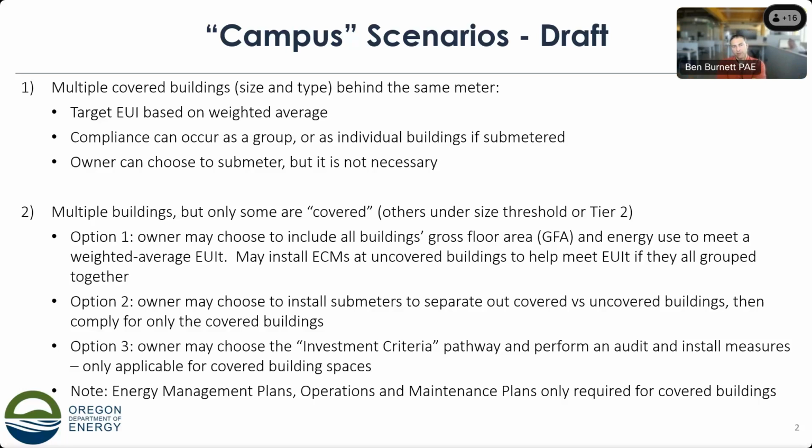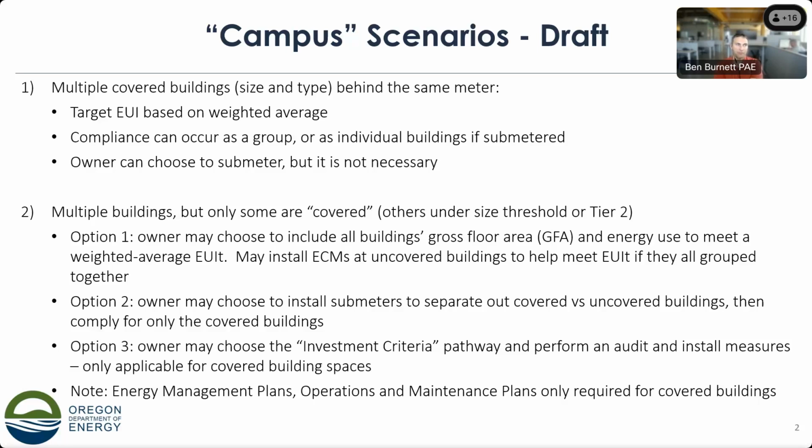So if some of those buildings are not covered, I guess where is that weighted average? How is that weighted average going to treat that? Because that's kind of an important question as far as the legitimacy of this path, in my mind.